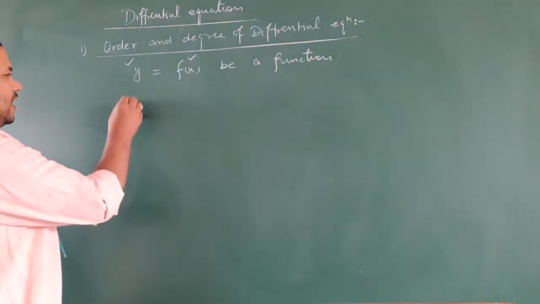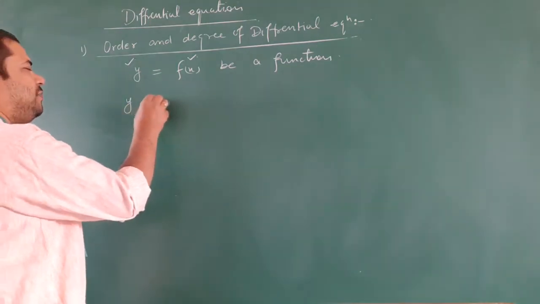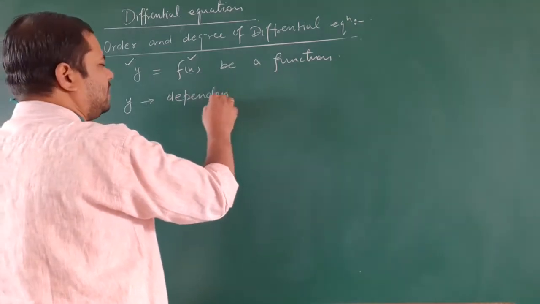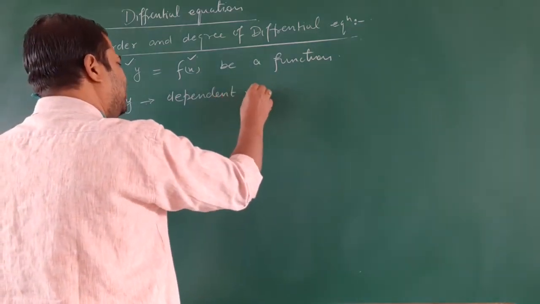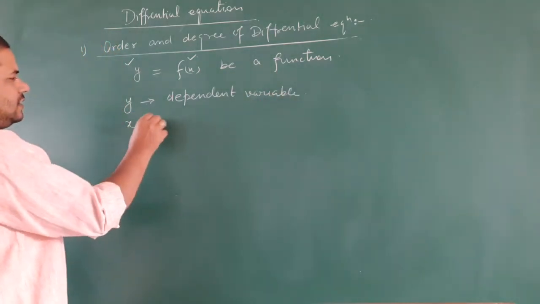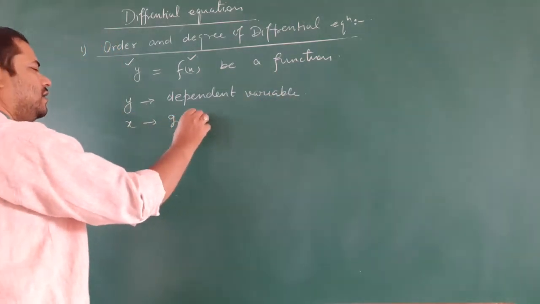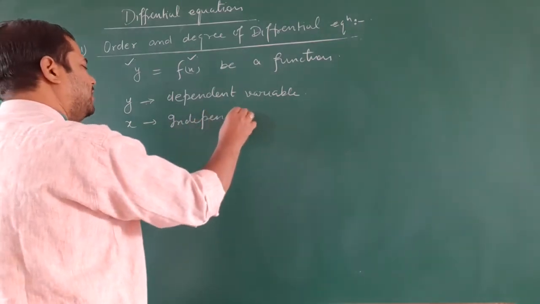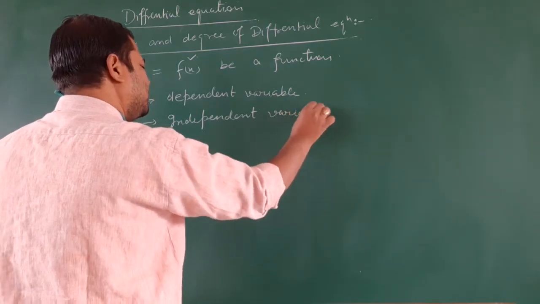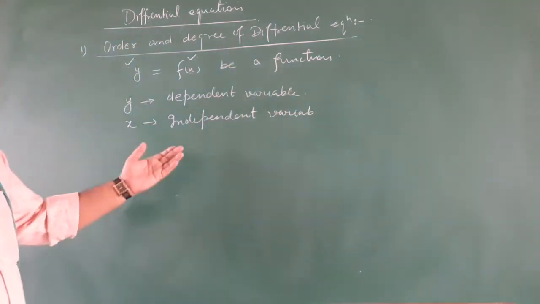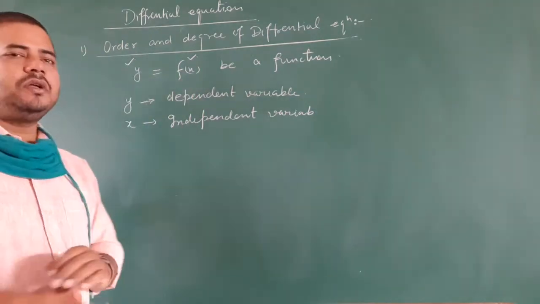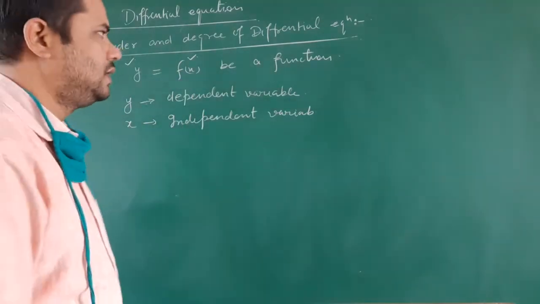So y is known as the dependent variable, and x is nothing but the independent variable. That means you choose x independently, and y is dependent on x.